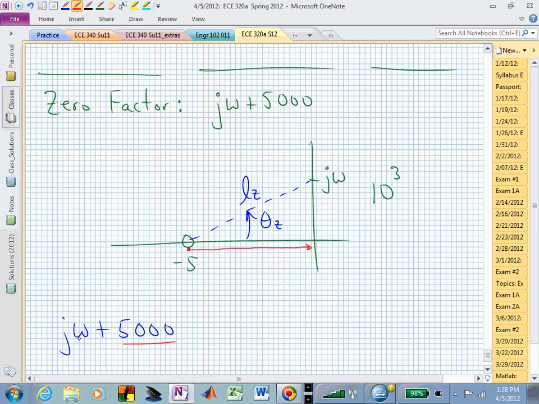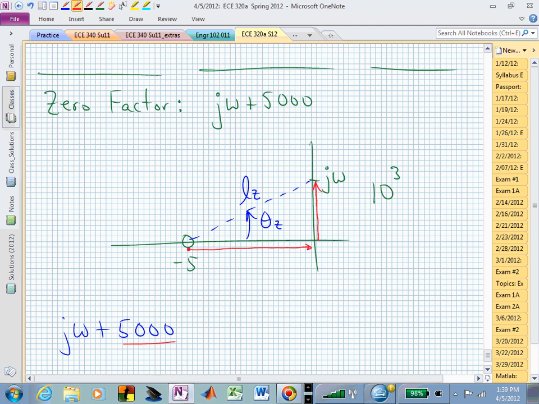And now if I go up j omega, I go orthogonal to where I was going, and I go up a distance of omega. And now I've actually traveled in rectangular coordinates the same distance as my hypotenuse.